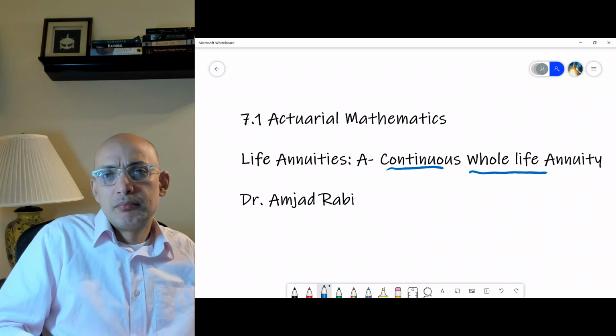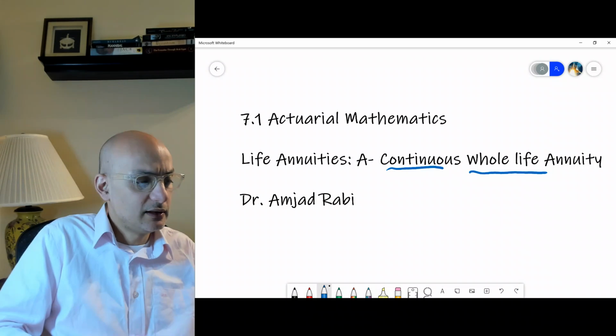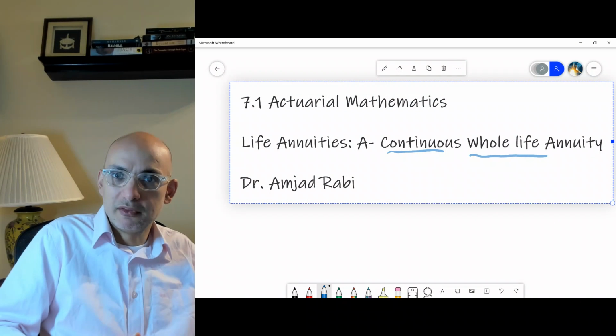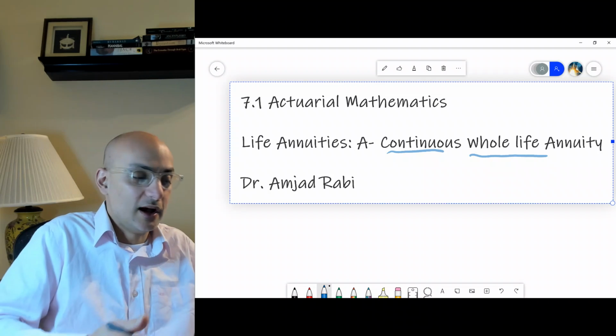This one, payments will be paid continuously at $1 a year, and it continues until time of death. So this is the opposite of the insurance: the annuity ends at time of death, while the insurance benefit makes the payment at the time of death.